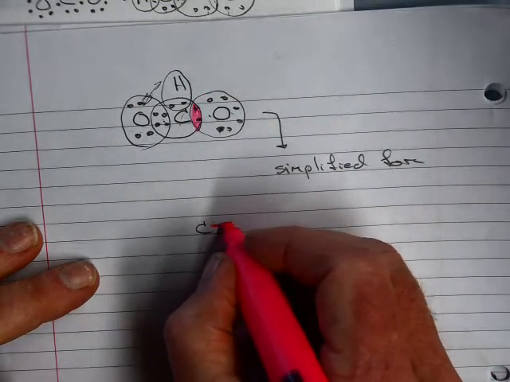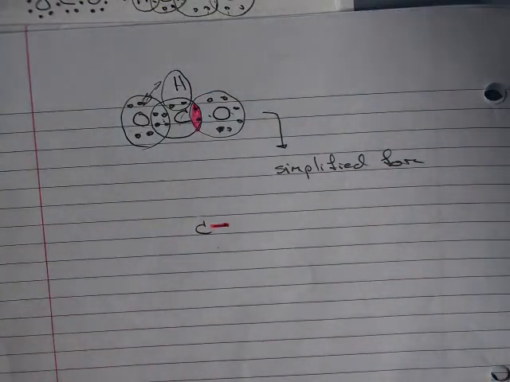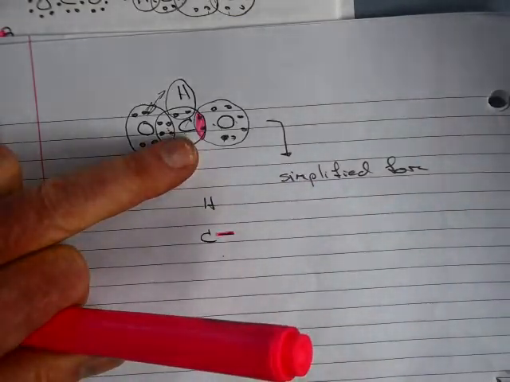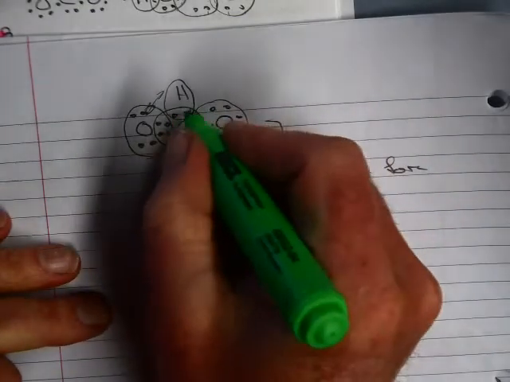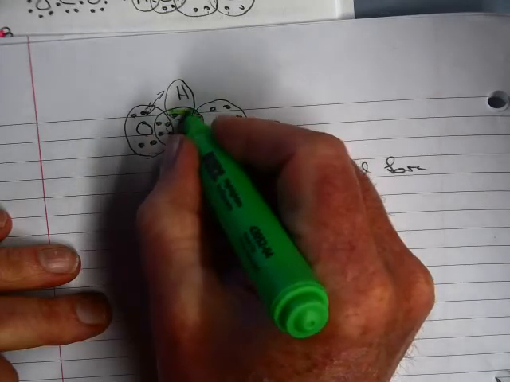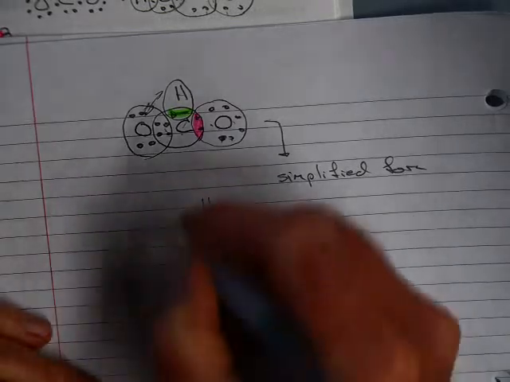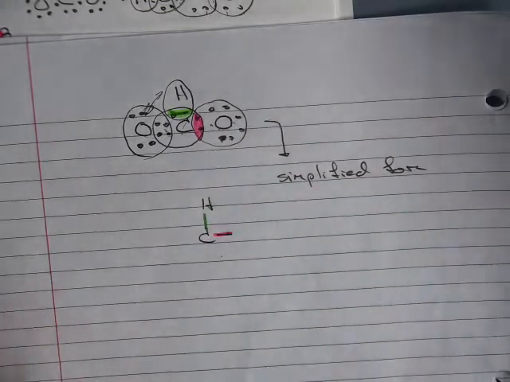That's this one here. You have an H here, which also has a bond. So I'm going to do that bond like this. I'll just do it in pencil so you can see.